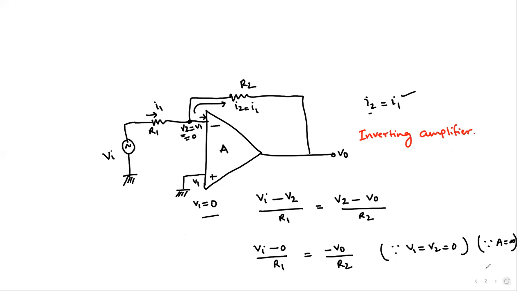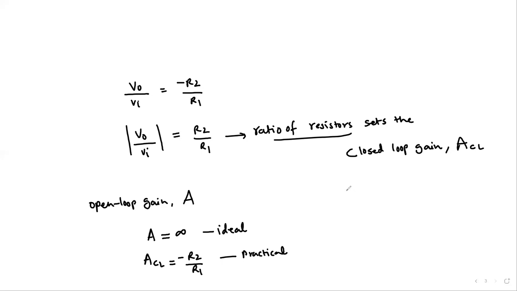So what does it mean? Because of the negative sign, let's say Vi is 1 volt peak. This is your input signal Vi.